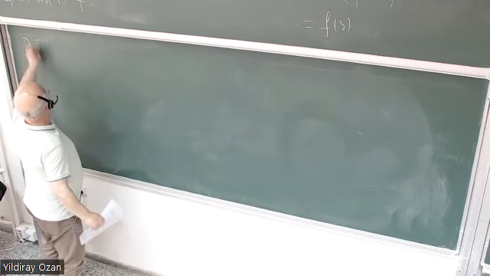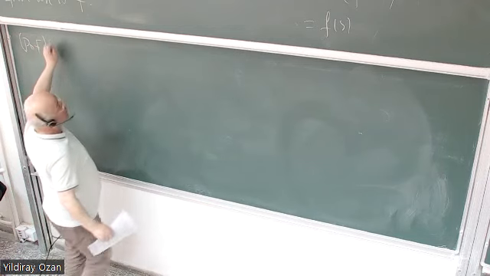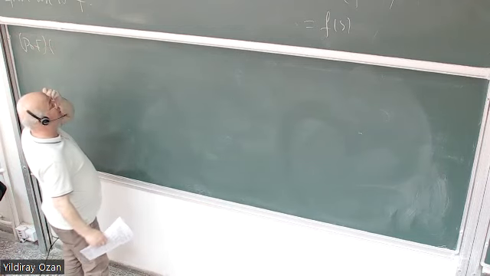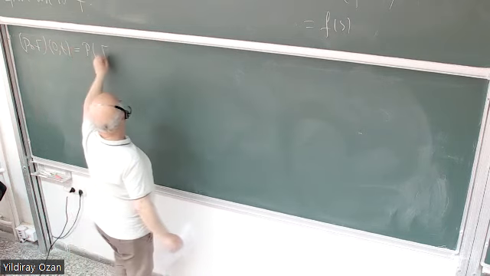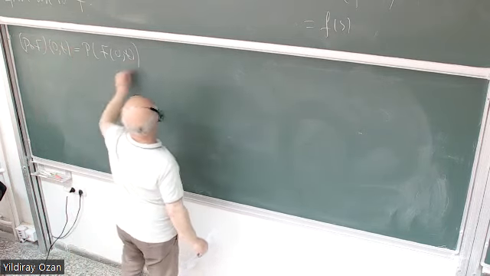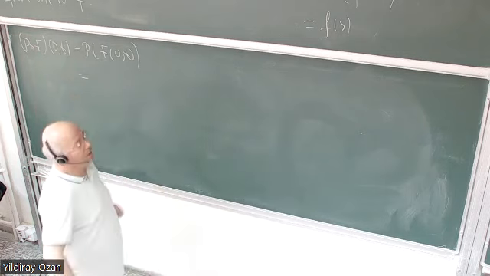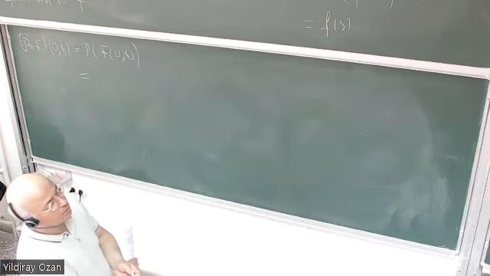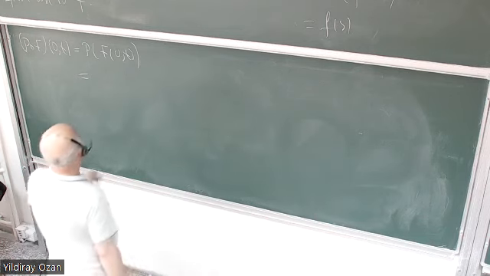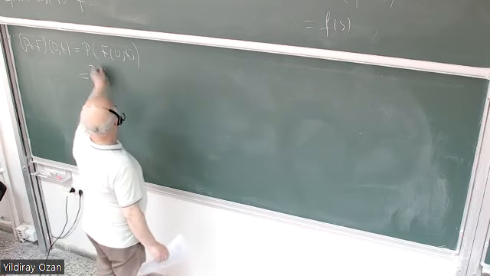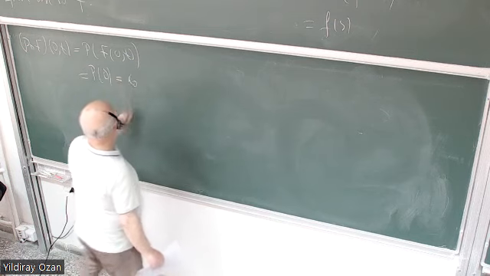P composition f at (0, t) is just p of f (0, t), but f (0, t) is 0. So this is just 0, and this is just x0.